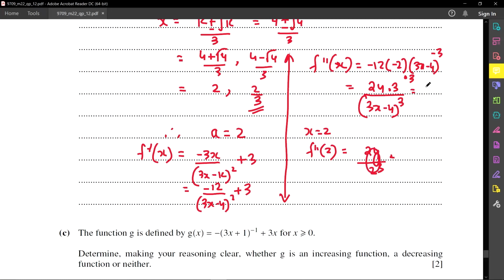This is 72 divided by 3x minus 4 whole cube. So when you plug in x equal to 2 in this, you get 72 divided by 6 minus 4 is 2, cube 8, which is 9, and that is a positive quantity. Therefore it's a minima. So the nature of the stationary point is minima.